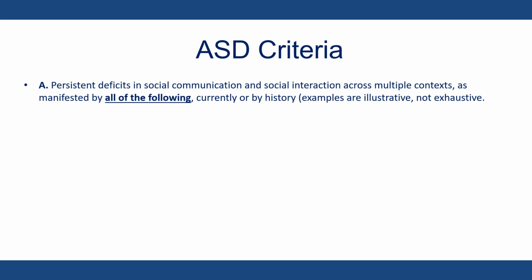All right. So here is the criteria for ASD. Criterion A says it's a persistent deficit in social communication and social interaction across multiple contexts as manifested by all of the following.